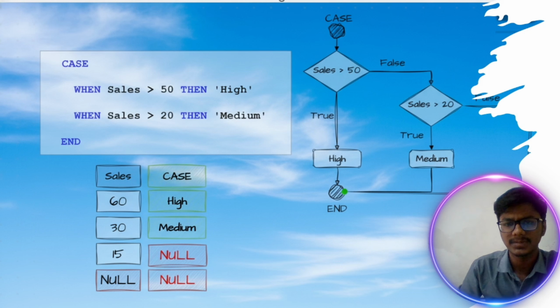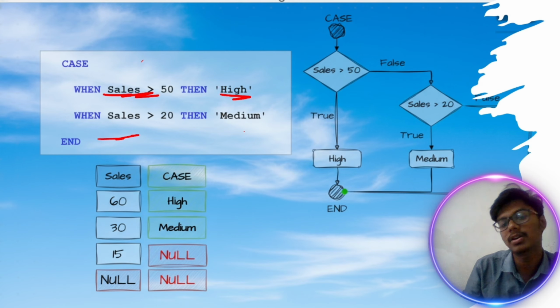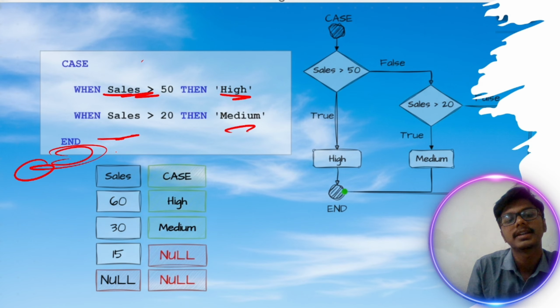So again, let's get into two conditions. Here, when the sales is greater than 50, then it is I. When the sales is greater than 20, it is medium. And again it comes with an end statement, right?